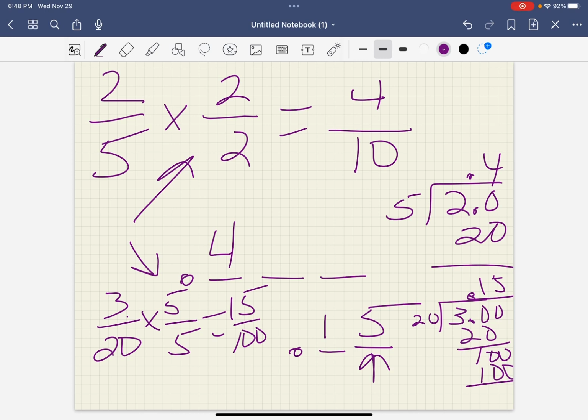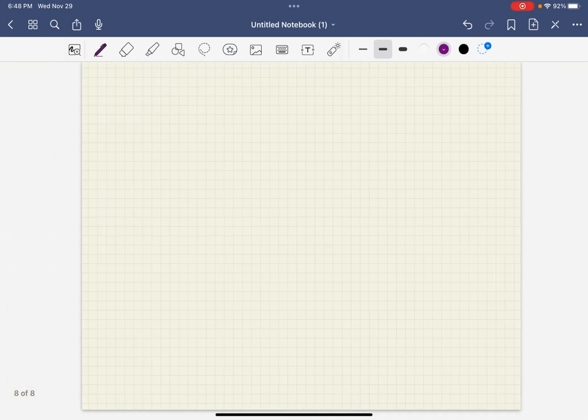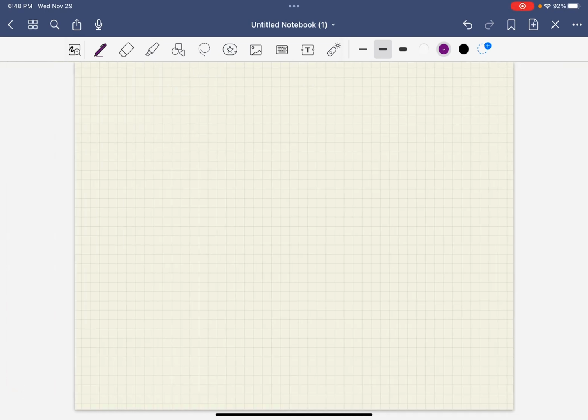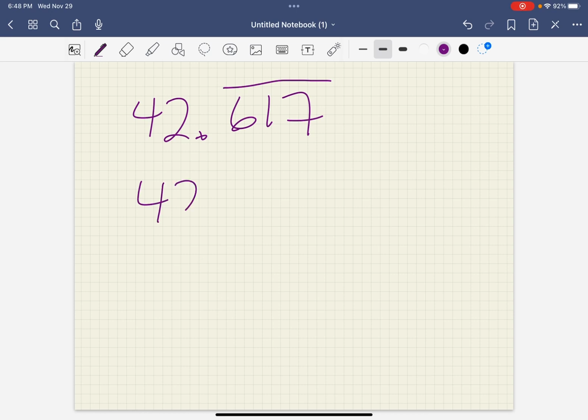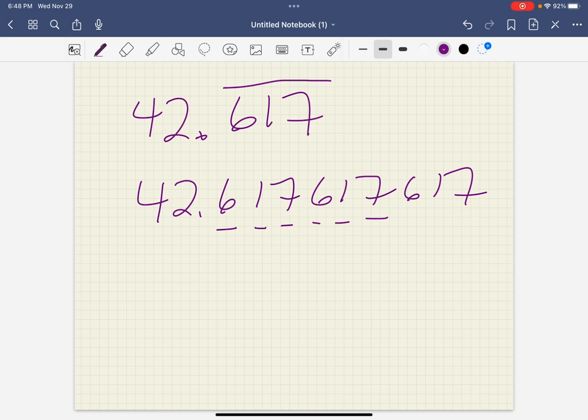All right. On the bottom of page 56, it's round 42.617, and that bar's going over the whole 617, to the nearest millionth. Okay, so we can write that 617 as many times as we want, can't we? Because it's just going to keep repeating. And now what we need to do is count. That's the tenths, hundredths, thousandths, 10,000ths, 100,000ths, millionths. So this is the one we're going to round to.